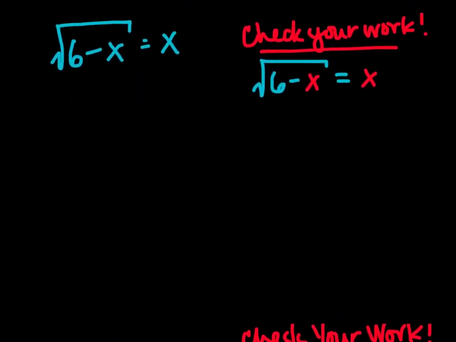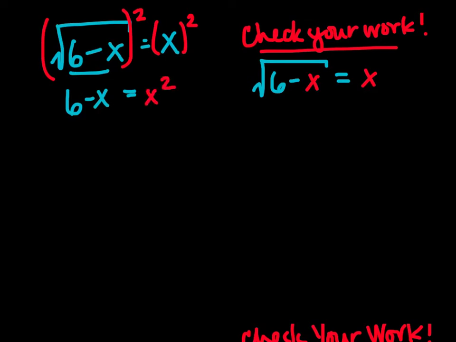Here is our equation. We have the square root of 6 minus x is equal to x. What we're going to do at first is square both sides. So we get 6 minus x on the left-hand side, and on the right-hand side we get x squared.